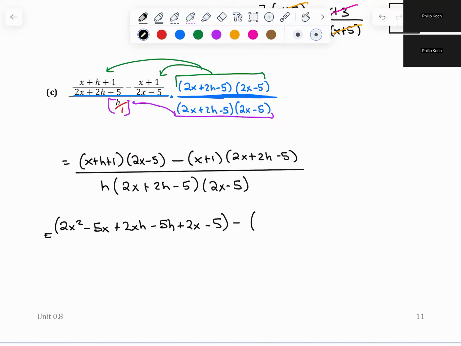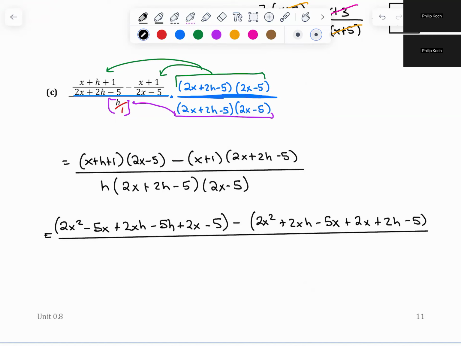I distribute the x in, so it'll be 2x squared plus 2xh minus 5x plus 2x plus 2h minus 5, all divided by h times 2x plus 2h minus 5 times 2x minus 5.